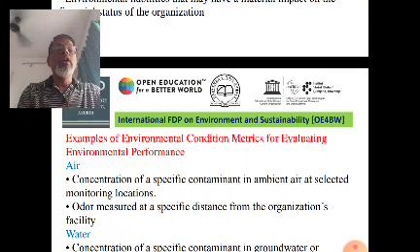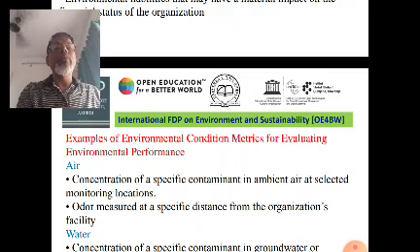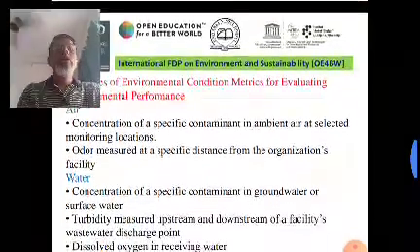And the examples of environmental condition metrics for evaluating environmental performance: air, concentration of specific contaminant in ambient air at selected monitoring locations, odor measured as specific distance from the organization's facility.